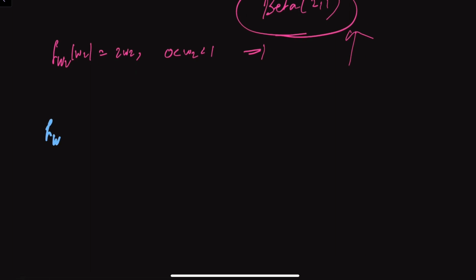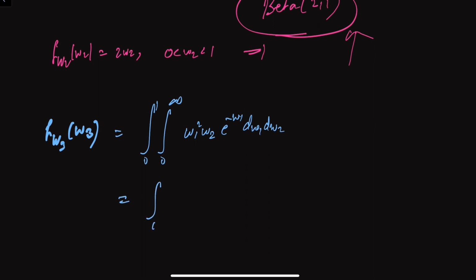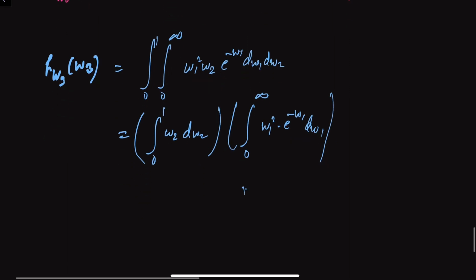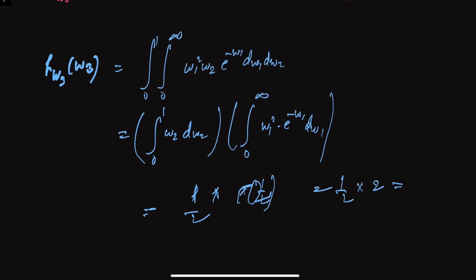Now for the third case, f_W3 of w3 is the integral from 0 to 1, integral from 0 to infinity, of w1 square w2 e to the power minus w1 dw1 dw2. That is the integral from 0 to 1 of w2 dw2, which is 1 by 2, times the integral from 0 to infinity of w1 square e to the power minus w1, which is gamma of 3, not gamma of 2.